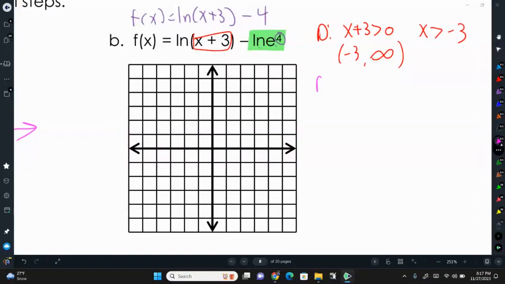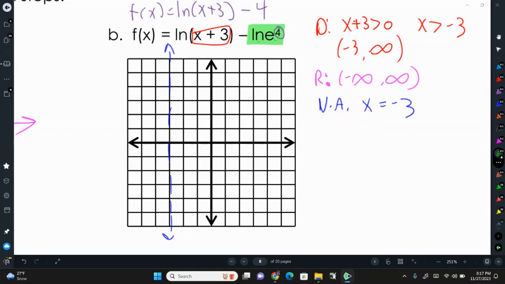Now the range is negative infinity comma infinity. And then the vertical asymptote is x is equal to negative 3. So here's our vertical asymptote. So now that minus 4 on the outside is going to play into our graphing.